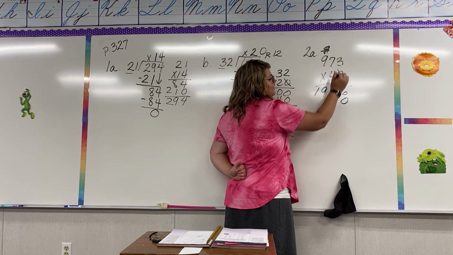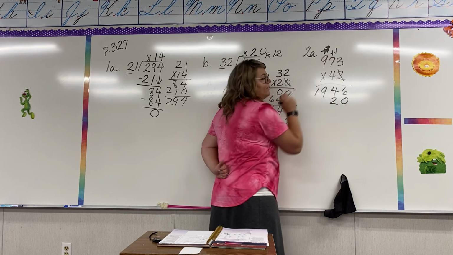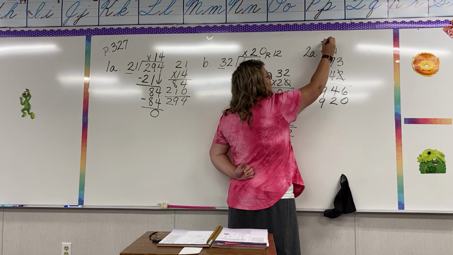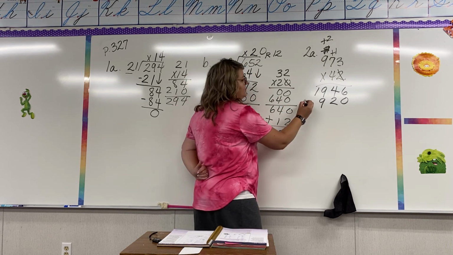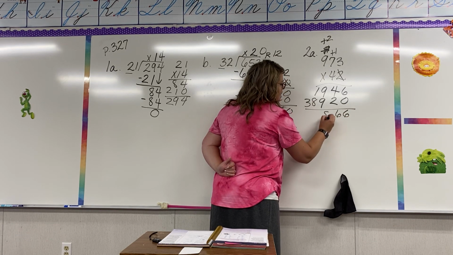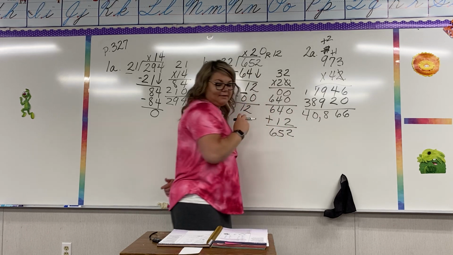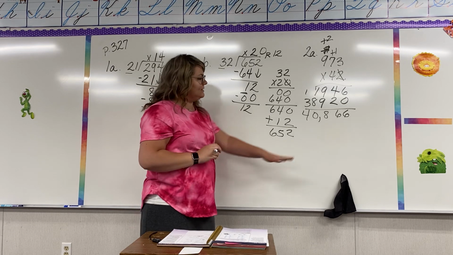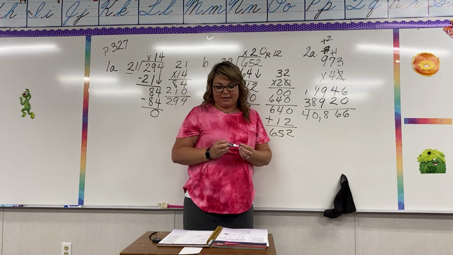Now we say 4 times 3, which is 12, put down my 2, carry my 1. 4 times 7, 28, plus 1 is 29, put down my 9, carry my 2. 4 times 9, which is 36, plus 2 is 38. Then we add it. The answer is 40,866. And so that is the correct answer there. It's just a kind of a review for you guys with the double digit multiplication.